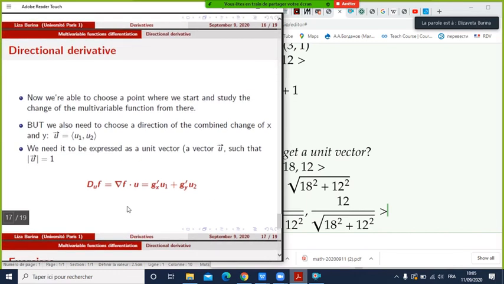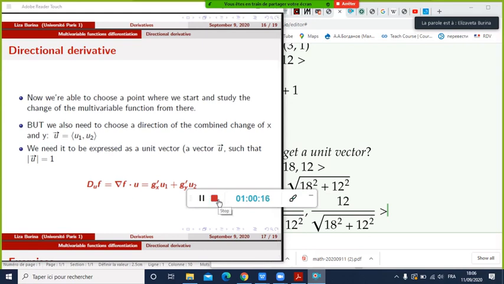Just go through the presentation again and try to understand what we're trying to find, okay? And if you don't get it, please Google some stuff about directional derivative. Try to find it explained with different words, and I'm sure that you'll manage to understand the underlying concept. Okay, now I'm stopping.